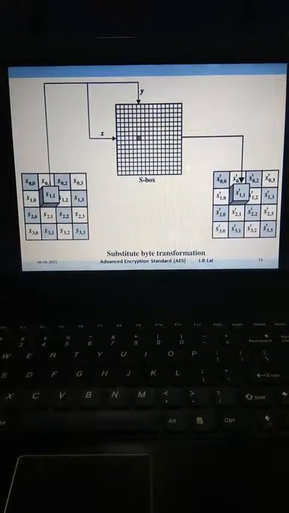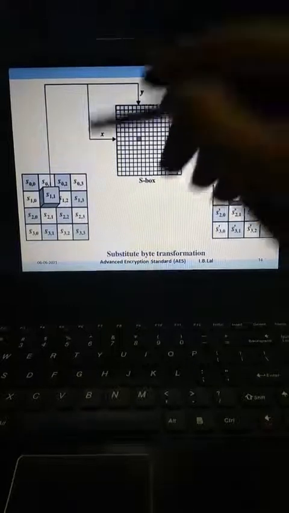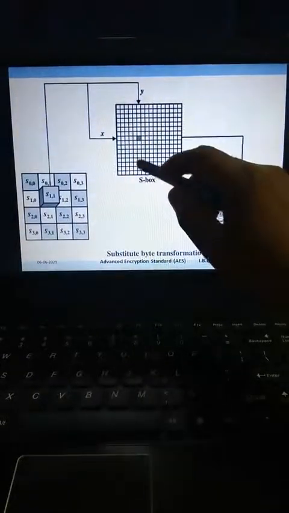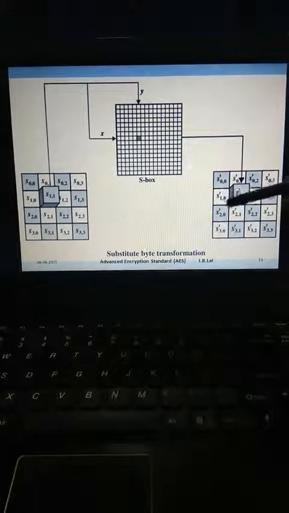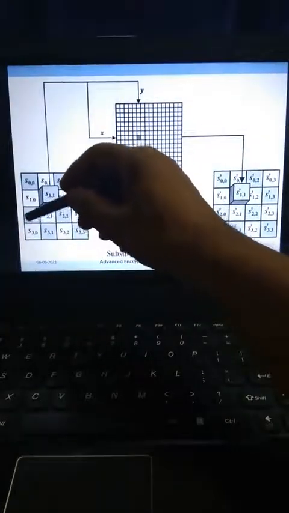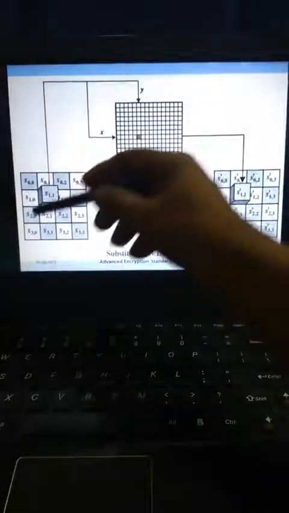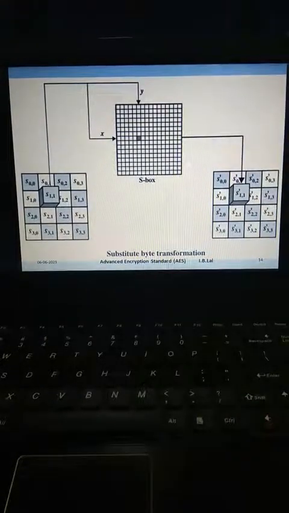The first 4 bits give the row number and the next 4 bits give the column number, converted into decimal. Then we enter the S box, the corresponding value is taken and converted into binary, and that binary number is stored in S dash 10. Similarly, the value from S20 would be taken, converted into row and column numbers, and processed in the similar way. So this is the story of the S box.